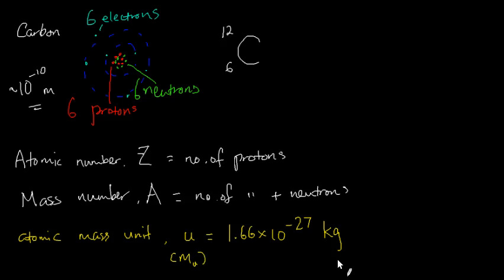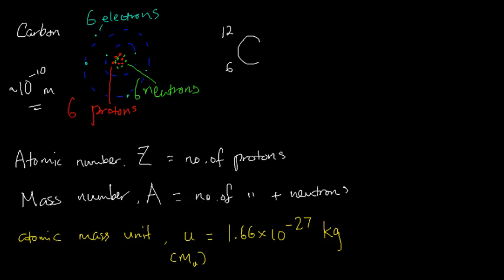Okay. And the mass of a proton and the mass of a neutron is very nearly equal to u. So I emphasize that it is very nearly, but not exactly, and we'll see why it's not exactly in a later video. Okay, but what I'll do is I'll just write down this understanding.